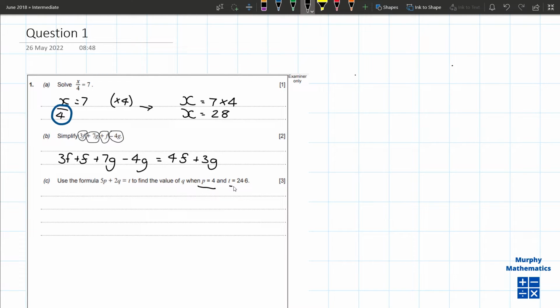Whenever I see t, I'm going to sub in 24.6. So I'll rewrite it out. So I've got 5 lots of 4, plus 2 lots of q. I haven't been told what q is, and we've been asked to find the value of q, so we've got to keep that as q equals, and t, I've got 24.6.